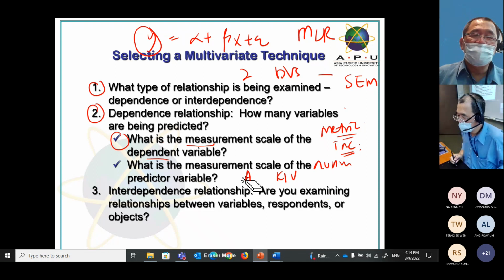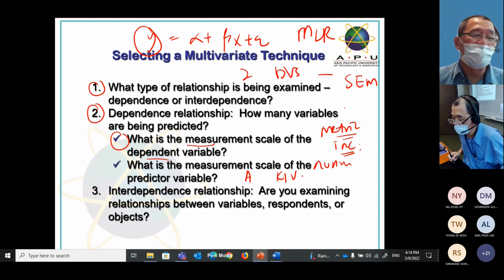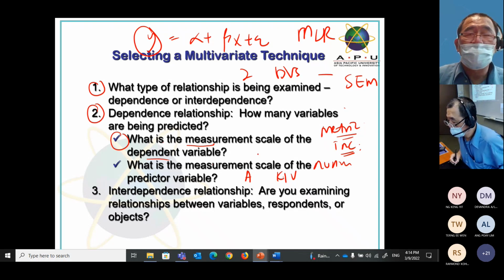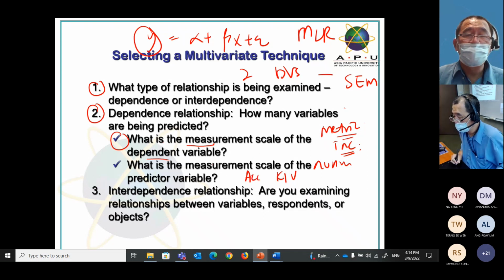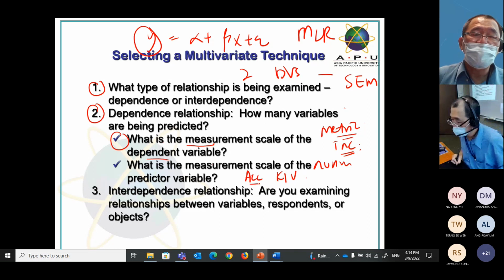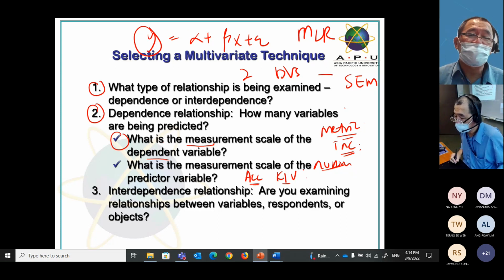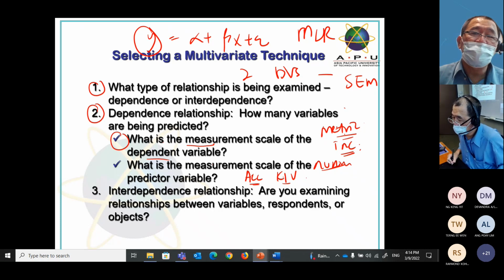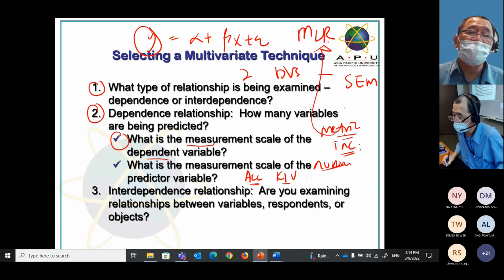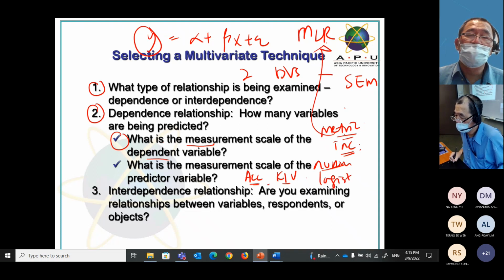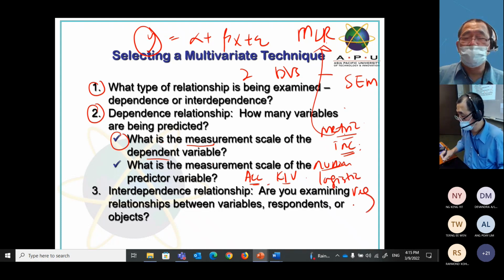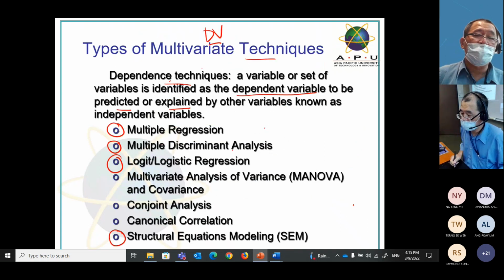Either accepted or KIV. So two categories. Therefore, this is not a number, it's non-metric. If metric, we can use multiple linear regression. But non-metric, we can use logistic regression.